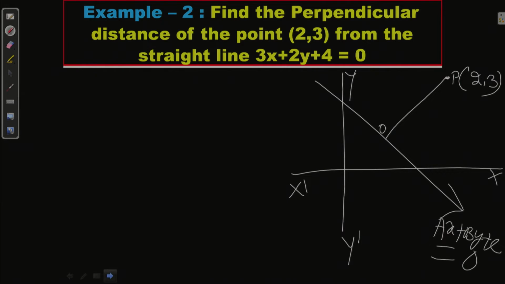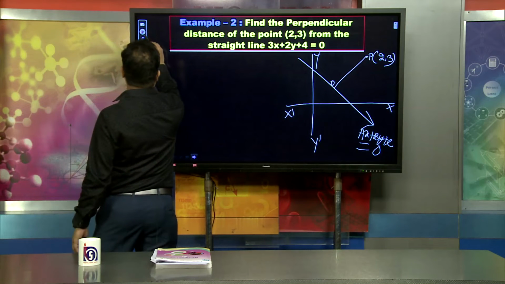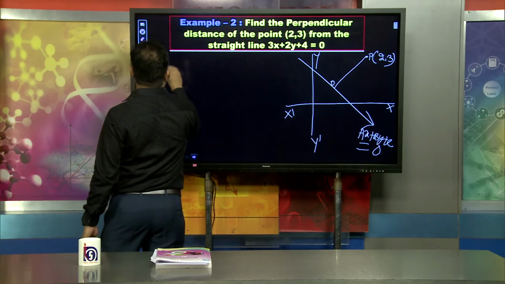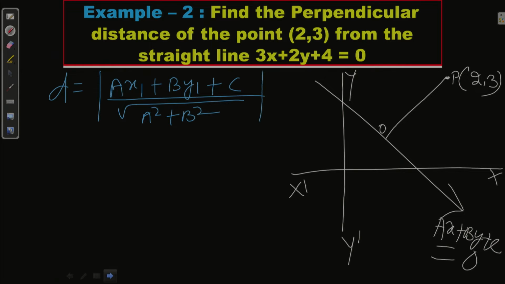That part we have already discussed, and you already know its formula. That formula is simply D equal to the modulus of ax1 plus by1 plus c divided by the square root of a square plus b square.